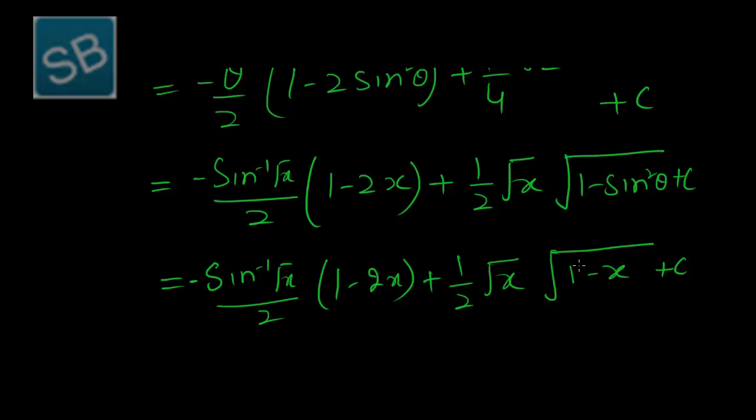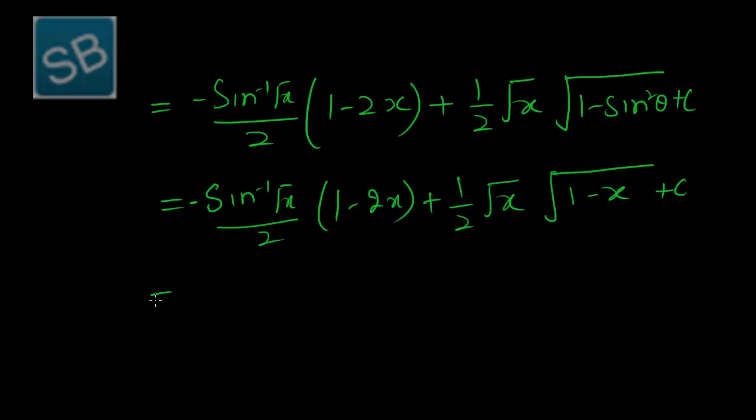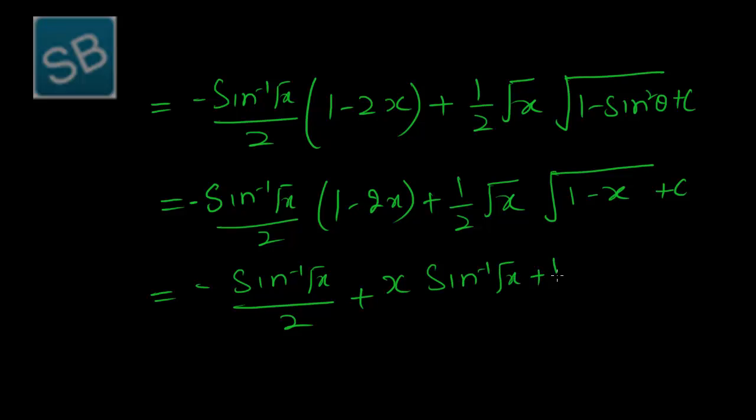So if we see, we get the result as minus sin inverse under root x over 2 plus x into sin inverse under root x plus 1 over 2 under root x minus x square plus c.